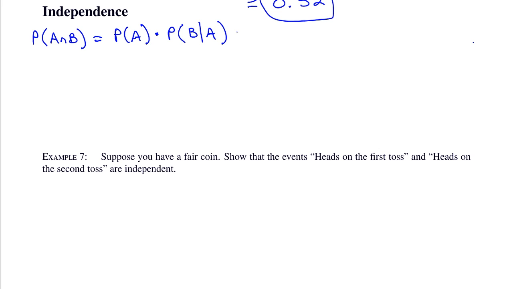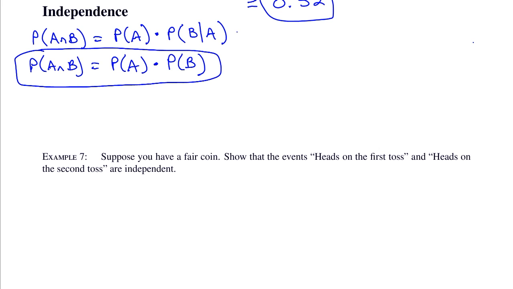So since the probability of B given A, if they are independent, does not influence B, then the probability of A intersect B is the probability of A times the probability of B, period, without the given A part.